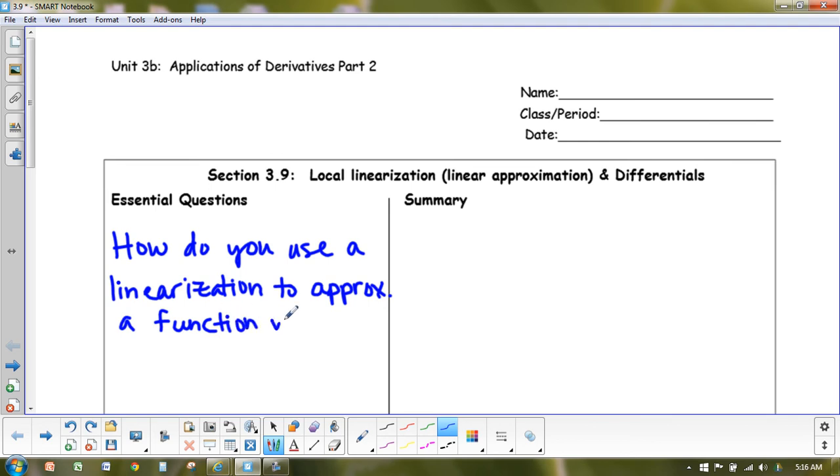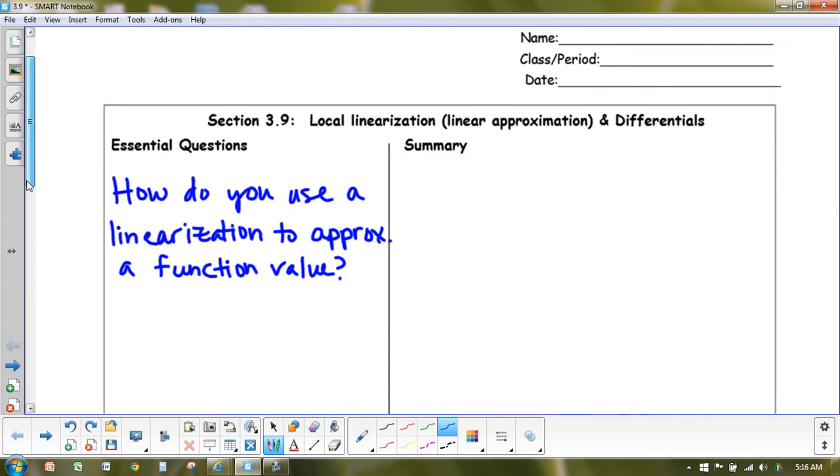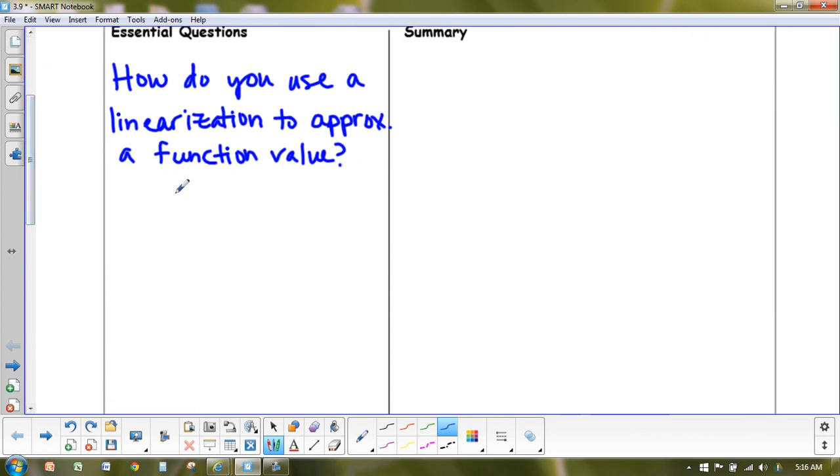And I think for you to write your summary for this, you might have an easier time having an example. So as an example, say that you are told that it needs to be at x equals 3 and that you want to approximate f of 3.1 and explain your steps based on that example.